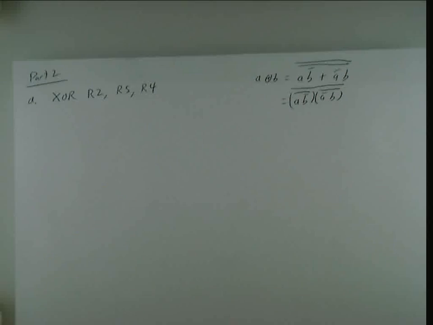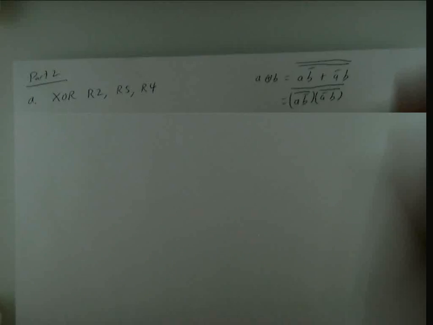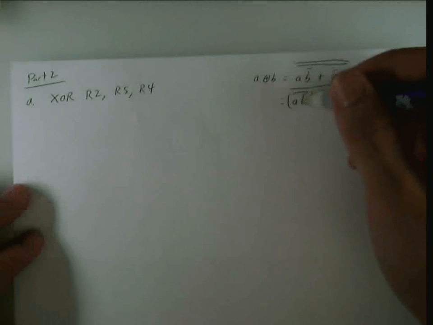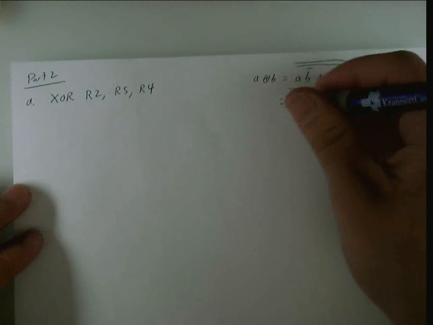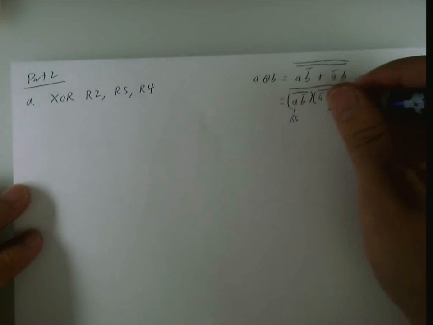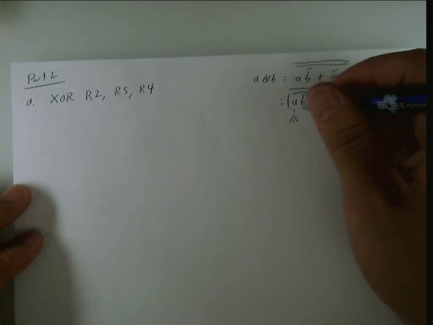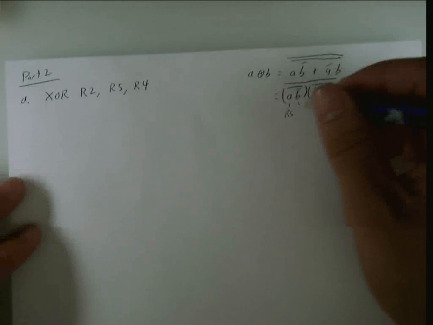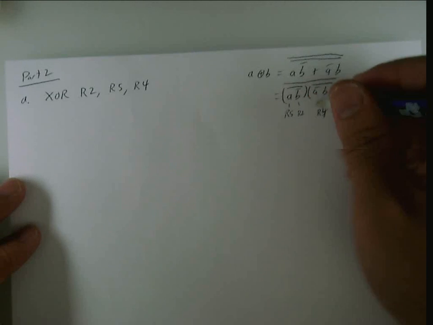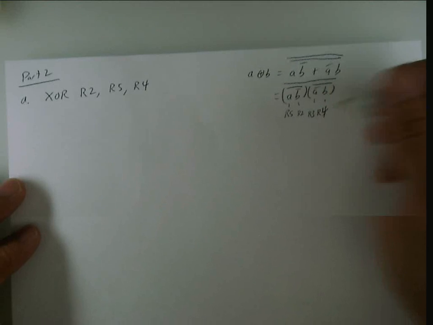together. So I'm going to need to keep R5. Let's make this R5, this R4, and we're going to stick this into R2 to begin with, maybe, and we'll stick this into R3.